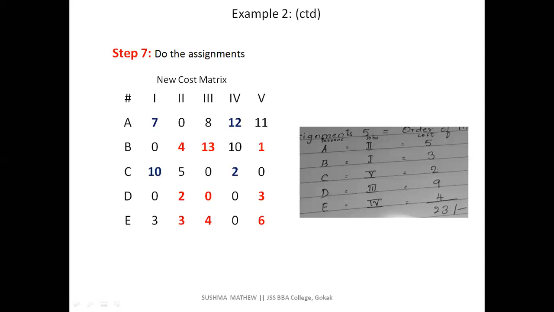First assignment will be for the second column, and then the second assignment will be for the first column. Again, the subsequent 0 will be cross marked here. In the first column there is 1 0, you just have to cross mark it.